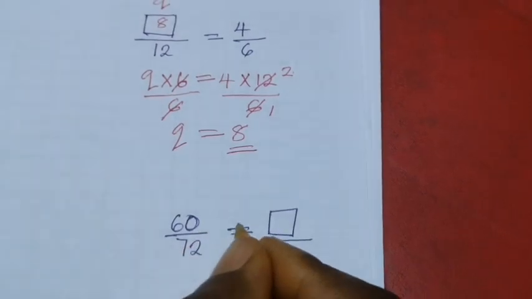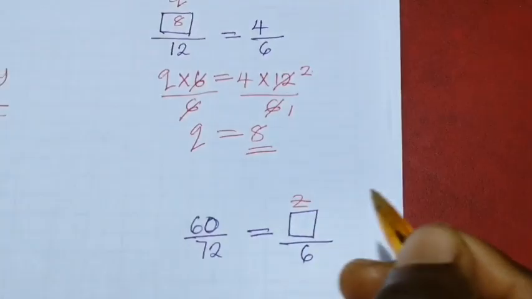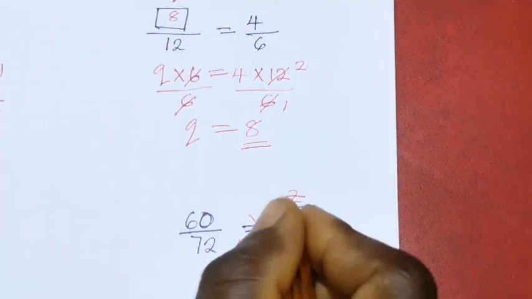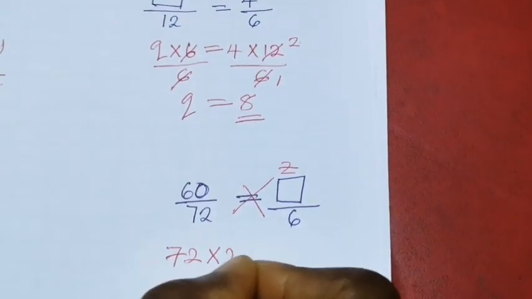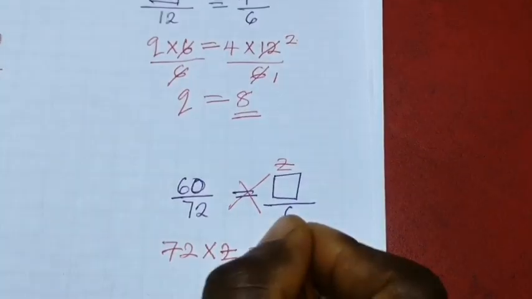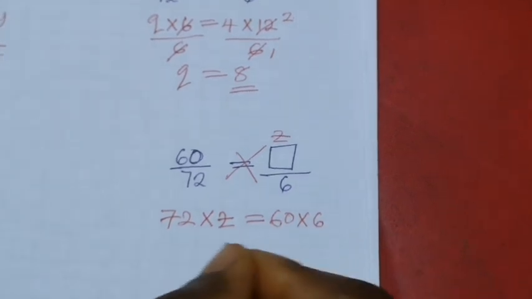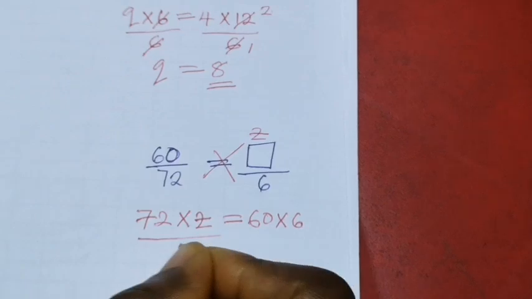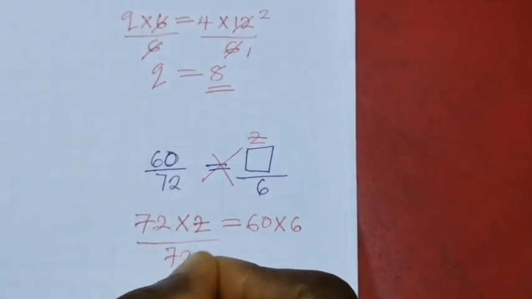Let's come to this one. So let me call here z, so that I will cross multiply z times 72. 72 times z is equal to 60 times 6. Now, since I am looking for z, I will divide both sides by what? Fine, that's correct, 72.